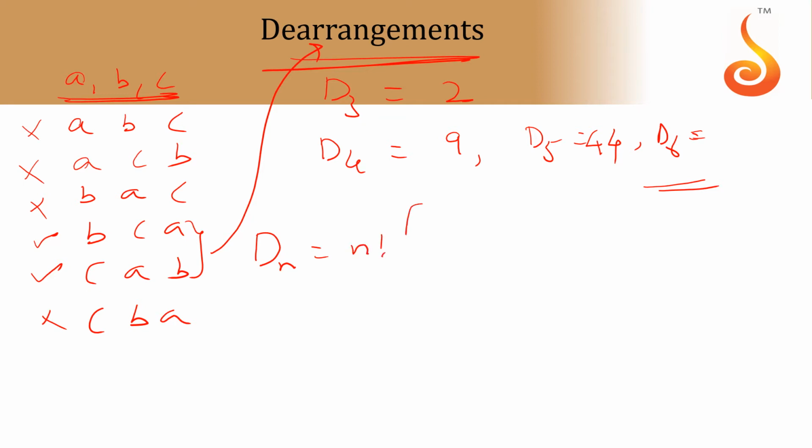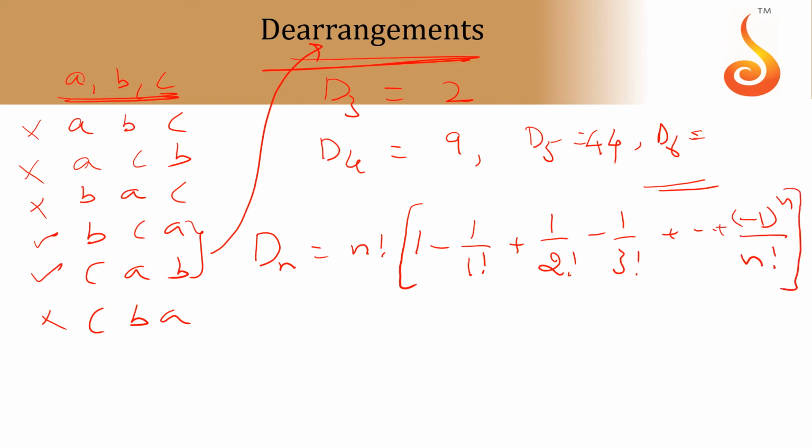It is n factorial times 1 minus 1 by 1 factorial plus 1 by 2 factorial minus 1 by 3 factorial plus so on plus minus 1 whole power n by n factorial. So by this formula you can calculate derangement of n number of things.